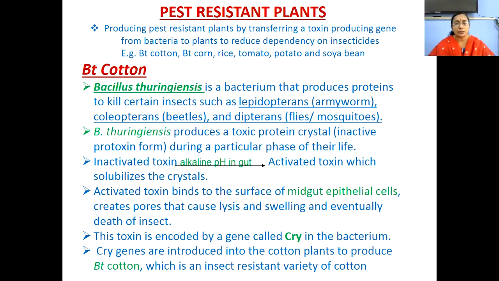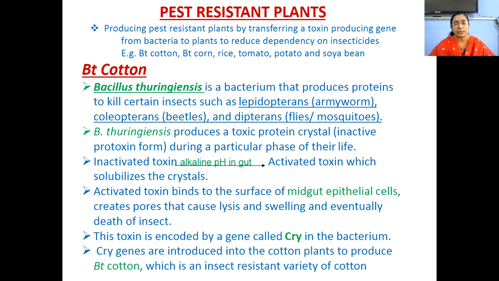The toxic protein that Bacillus thuringiensis produces is generally in a protoxin form, or an inactive form, in its body, and it is produced during a particular phase of their life. But when this toxin reaches the insects, the saliva of the insects will solubilize the toxin, and then in the alkaline pH of its gut, this toxin will get activated.